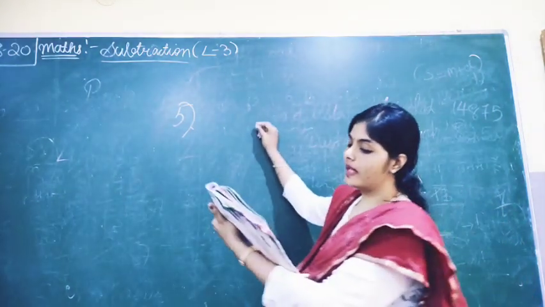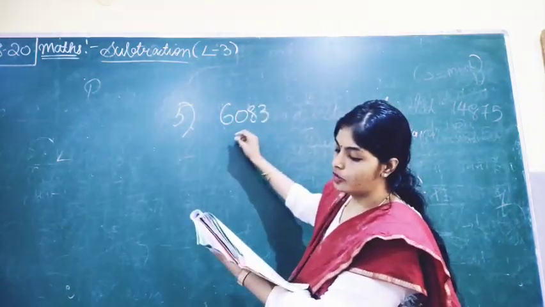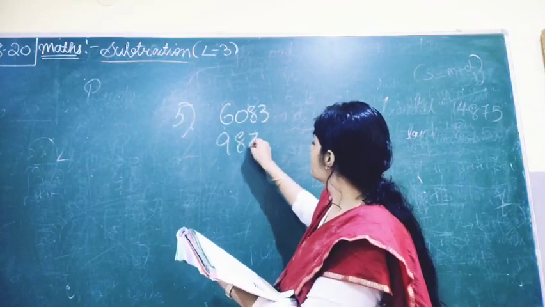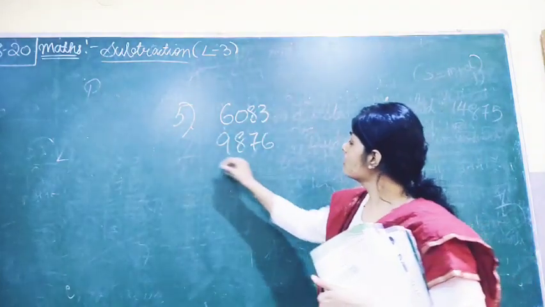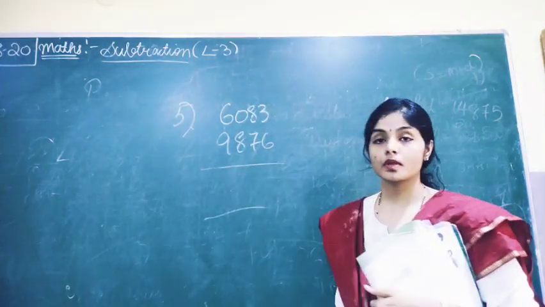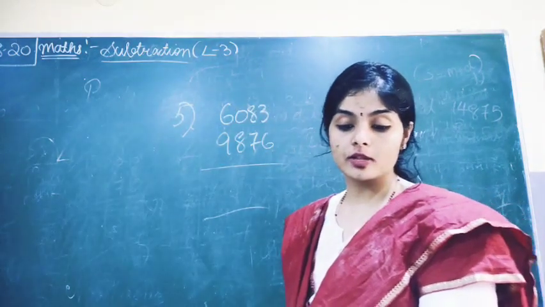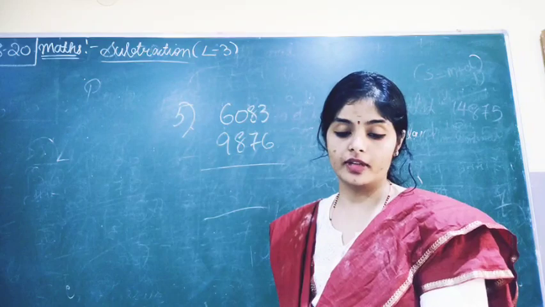First one: your subtrahend is 6,083 and your minuend is 9,876. But can you subtract this number as given? No, you can't. If minuend is so much and subtrahend is so much, they ask you to find the difference.